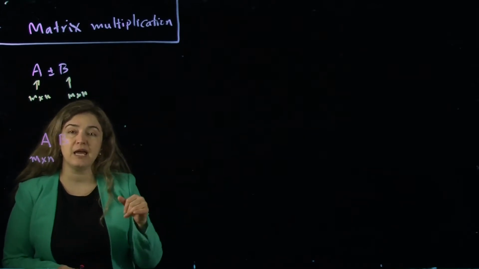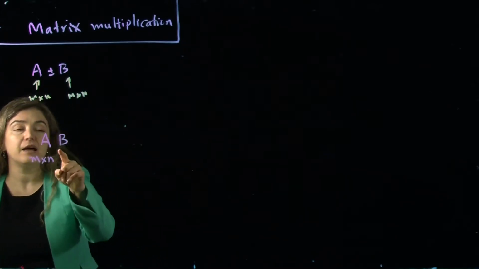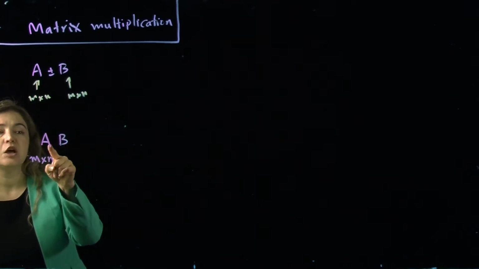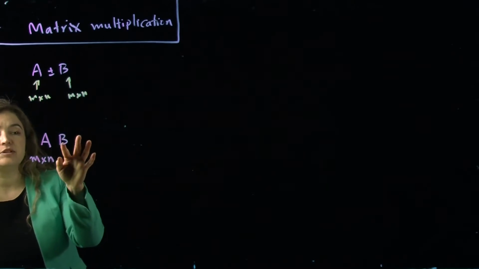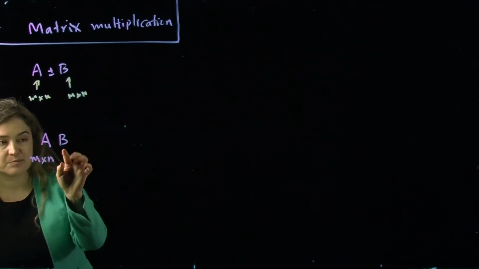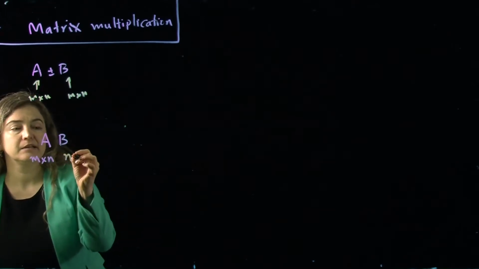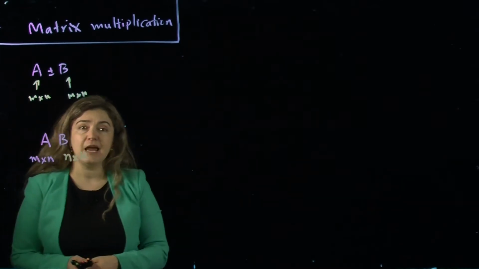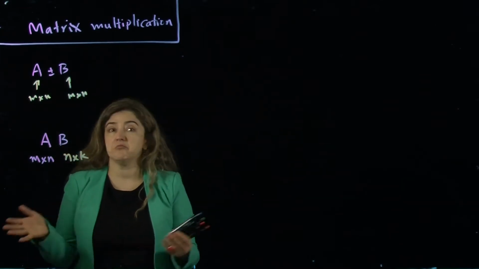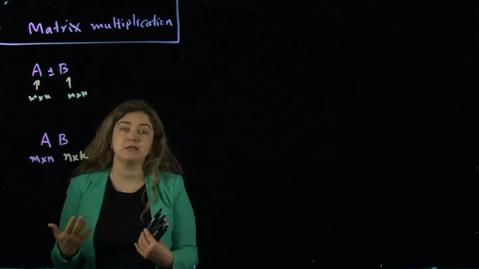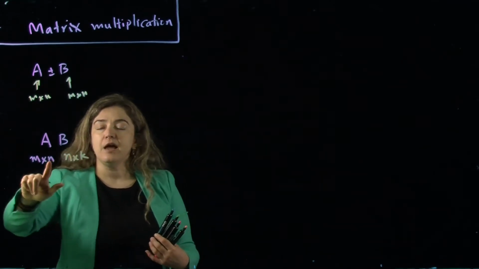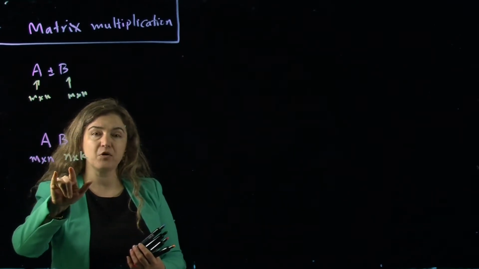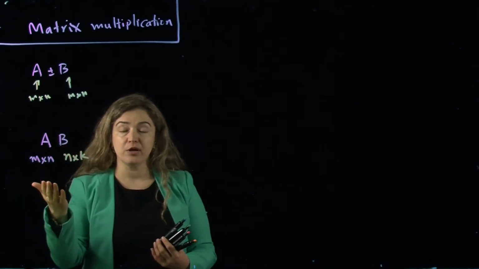Then the number of rows in matrix B has to be the same as the number of columns in matrix A. So the dimension of matrix B should start with N. The M and K at the end can be different or the same. It doesn't matter as long as N, the number of columns of the first matrix, matches the number of rows of the second matrix. We're okay.